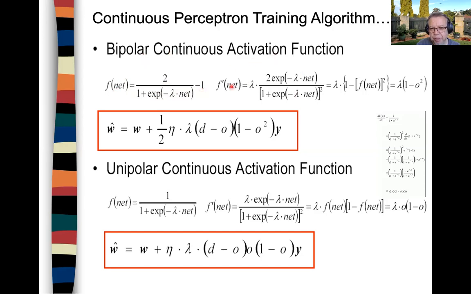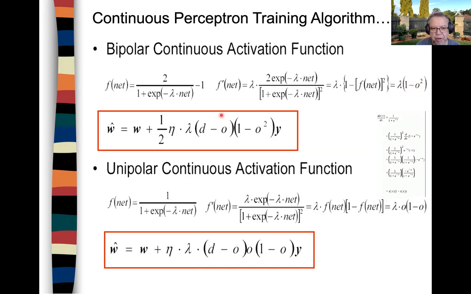If we just differentiate 2 divided by 1 plus exponential of minus lambda x, you find that the derivative is equal to lambda times 1 minus O squared. So this is very convenient because you know the actual output.